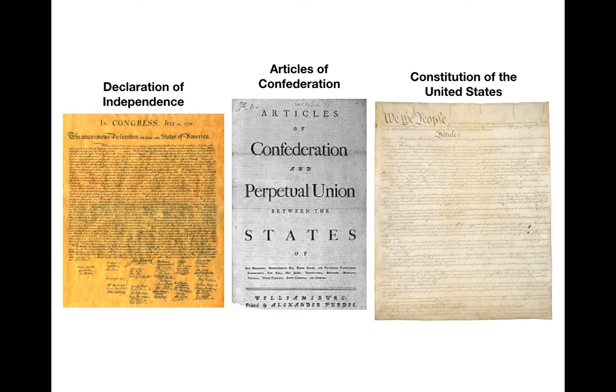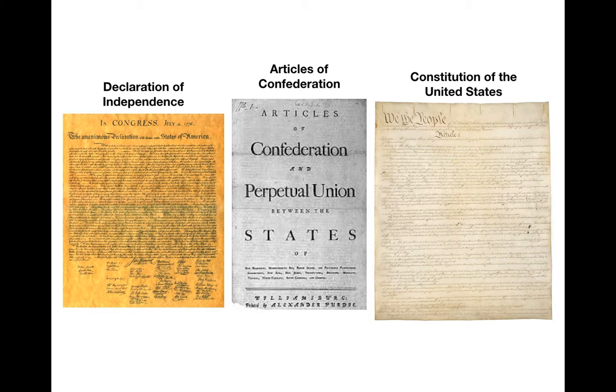So we created a confederacy, and that's why we call it the Articles of Confederation, where the states have more power. And then when that didn't work out, we needed to write a second draft, find a more stable boyfriend, and that represents the Constitution of the United States.